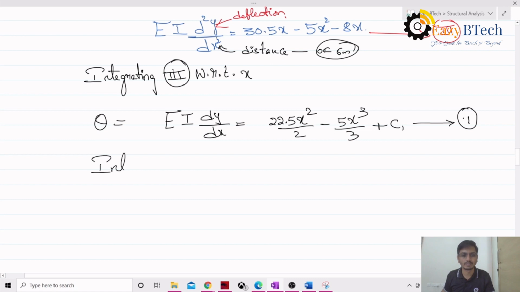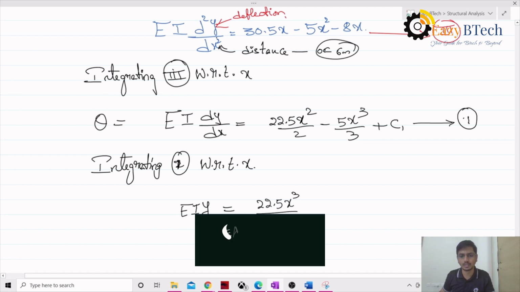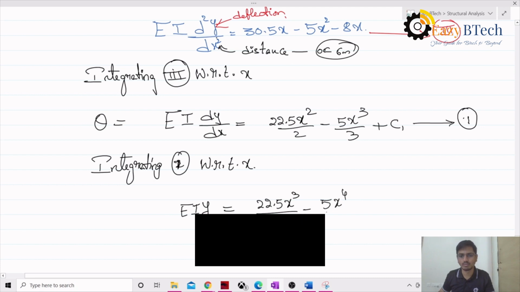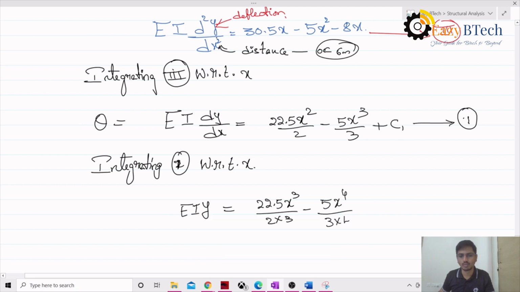Repeating this integration, integrating equation 1 with respect to x, we get EI y equals 22.5 x cubed by 2 into 3 minus 5 x power 4 by 3 into 4 plus C1x plus C2. This is equation 2.